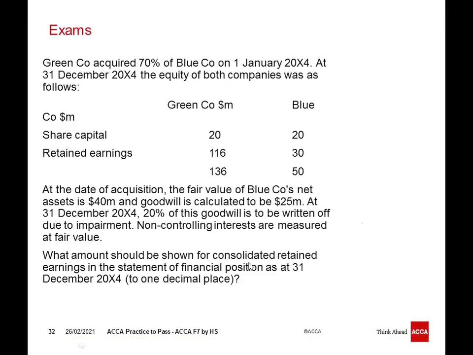Now consolidated retained earnings. The parent company's retained earnings is 116. For the subsidiary company, you need to take the post-acquisition profit. At the reporting date, it's 30.